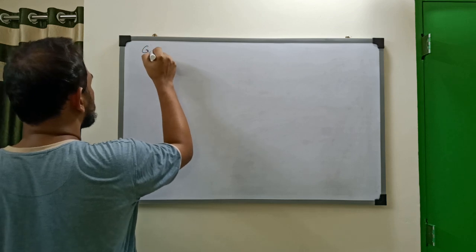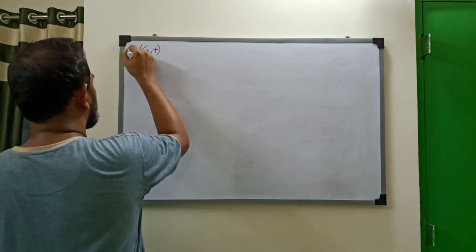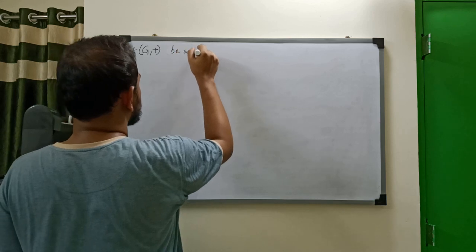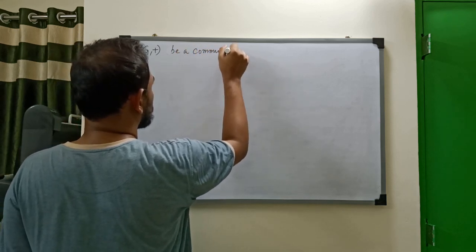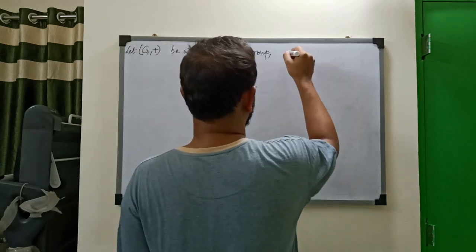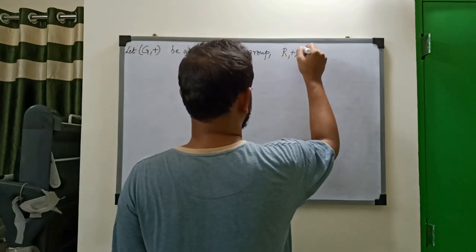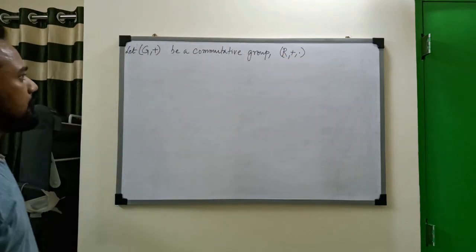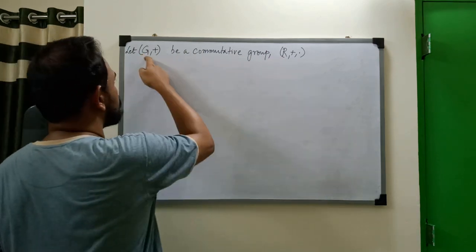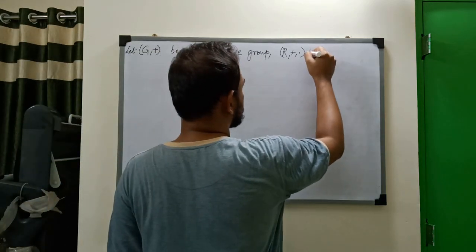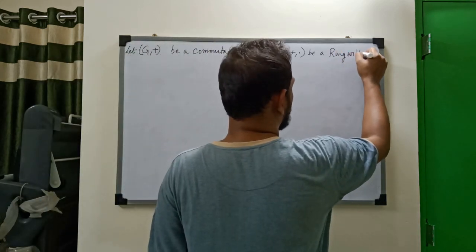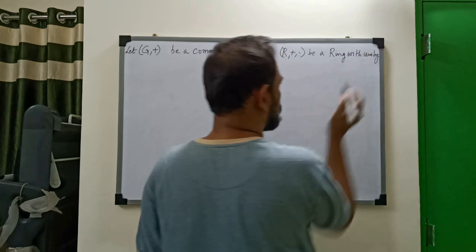So let G plus be a commutative group, and R plus dot, again, I'm using plus here and plus here, the two pluses can be totally different given what the structure is on G and R, and this be a ring, let's say with unity, with unity, which I will write as 1.